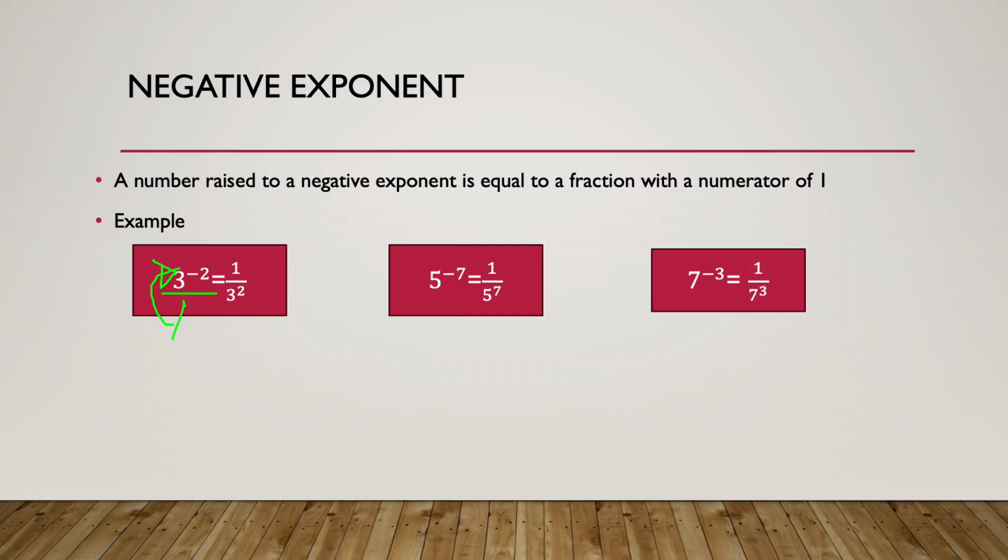When the 3 with the minus exponent goes under this line, it becomes positive. It is easy to remember, isn't it? To me it is easy, I think to you too.